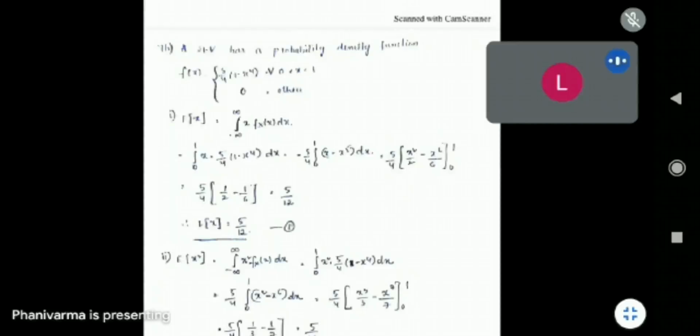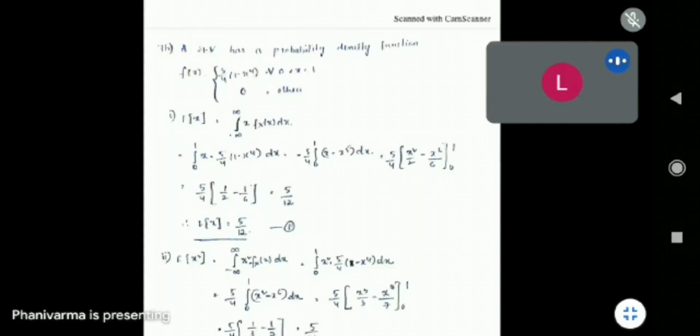E of X, where E of X is equal to the integral from minus infinity to infinity of x f_X(x) dx, and the formula for E of X squared is the integral from minus infinity to infinity of x squared f_X(x) dx, where we substitute the values of f_X(x).